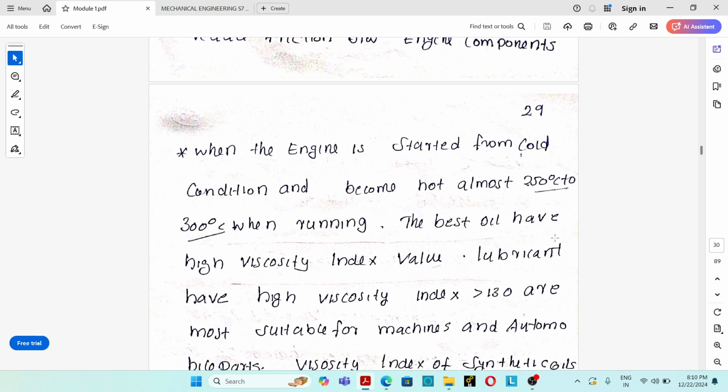So if we are using a low viscosity index hydraulic oil in automobile applications, the viscosity value of the hydraulic oil will change tremendously. So in automobile applications, high viscosity index hydraulic oils, greater than 130, are commonly used as lubricant.